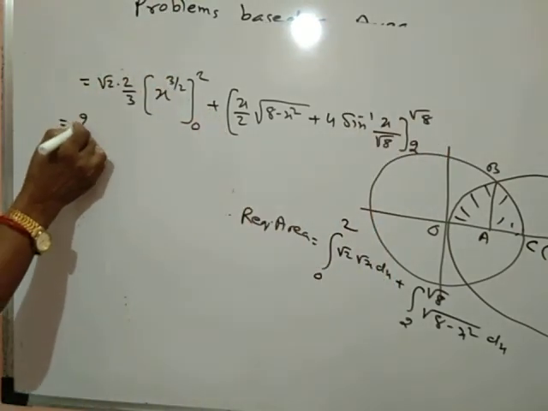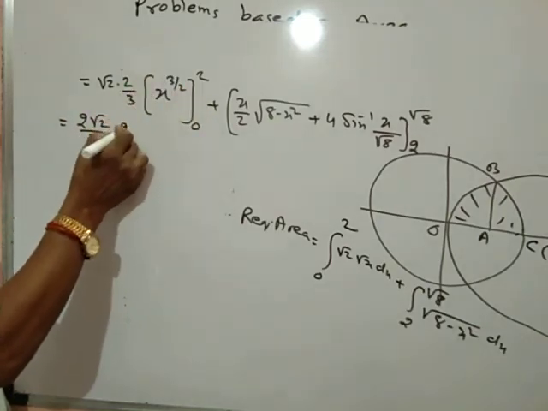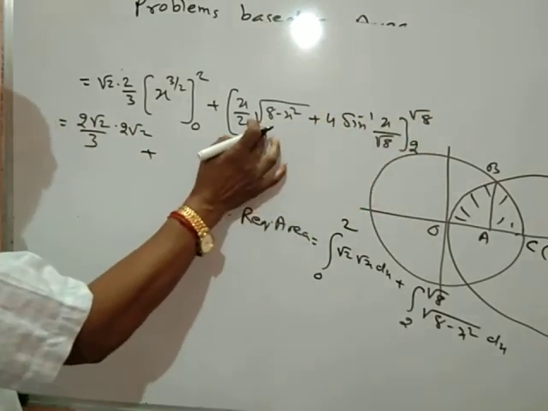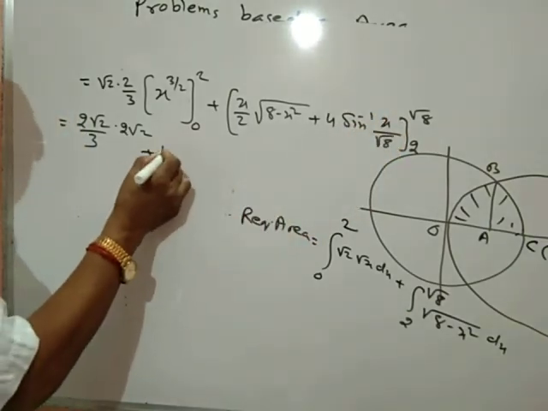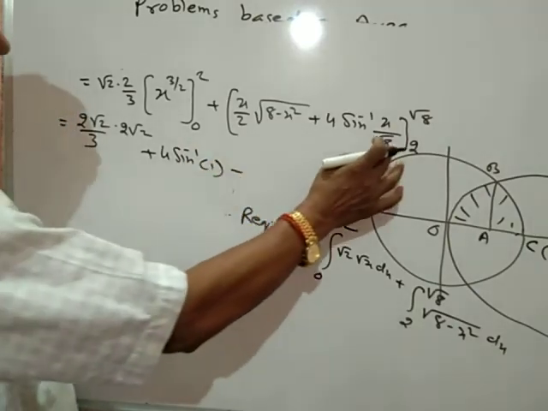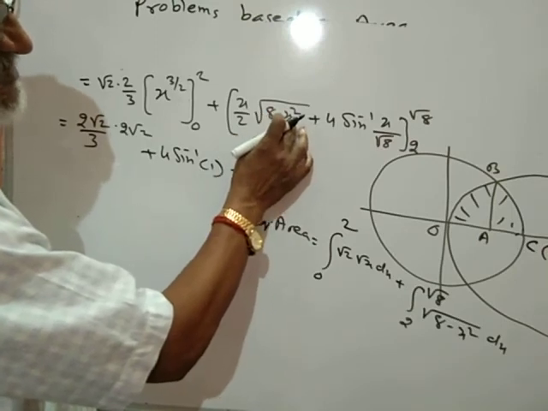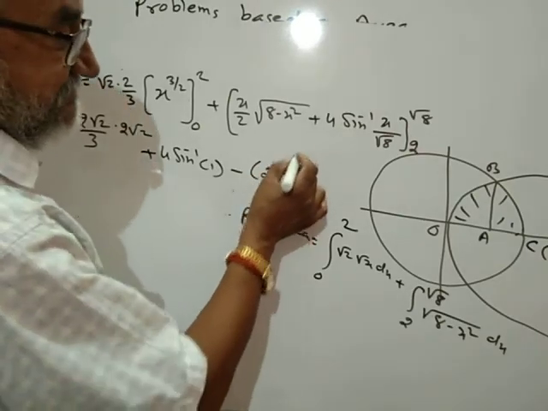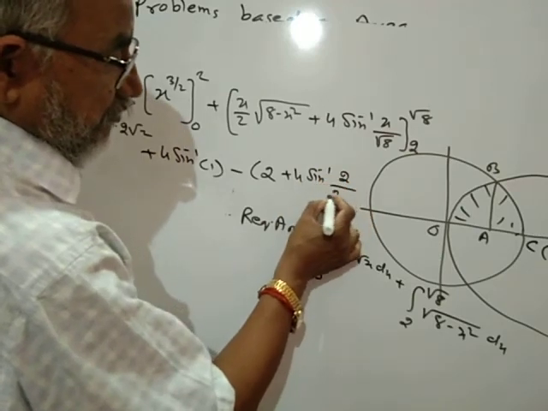So this is 2 root 2 upon 3 into 2 raised to 3 by 2, which is 2 root 2. Plus, when you take root 8, this will become 0, and sine inverse of root 8 upon root 8 is sine inverse of 1. So 4 sine inverse of 1 minus, when you put 2, 2 square is 4, 8 minus 4 is 4, so root is 2, plus 4 sine inverse of 2 upon 2 root 2.